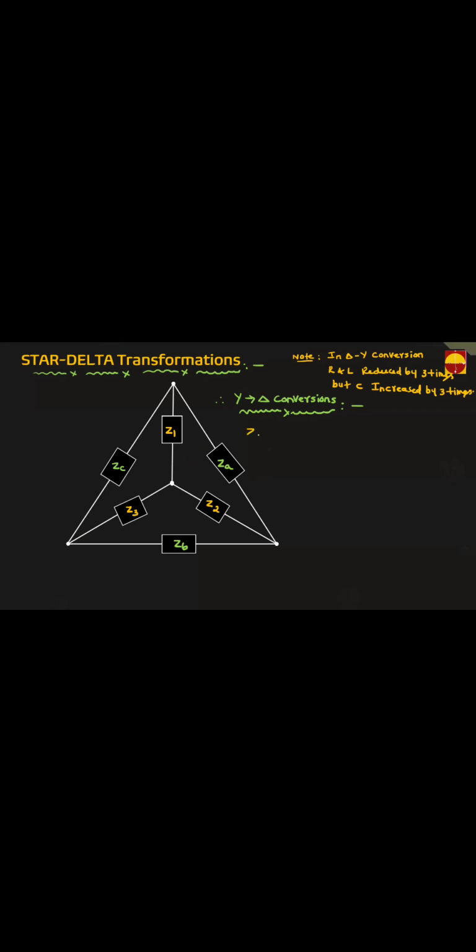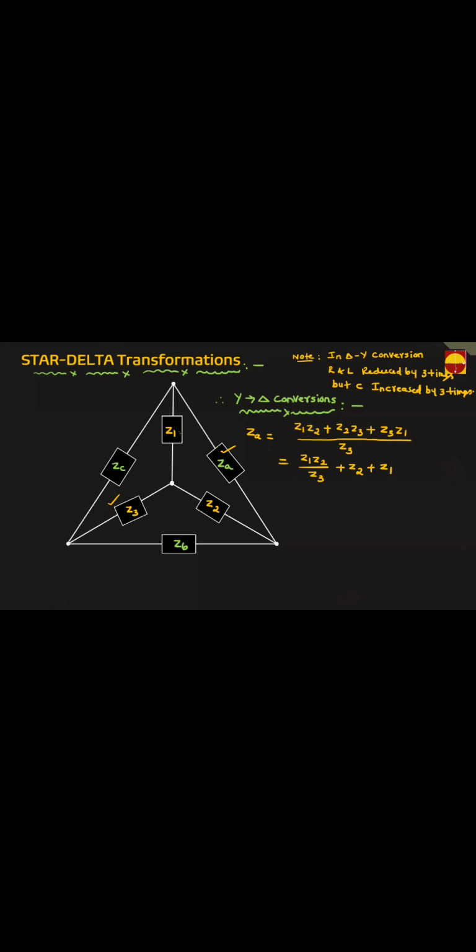For example, how to calculate ZA? It's very simple, no need of any derivation. To calculate ZA, multiply the impedances Z1 into Z2, Z2 into Z3, Z3 into Z1. Write Z1Z2 plus Z2Z3 plus Z3Z1 divided by Z3, since the opposite of ZA is Z3. You can also write this formula as Z1 plus Z2 plus Z1Z2 by Z3, because dividing by Z3 the Z3 terms cancel.